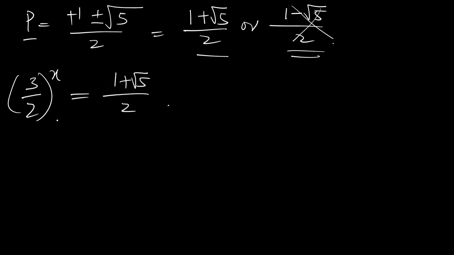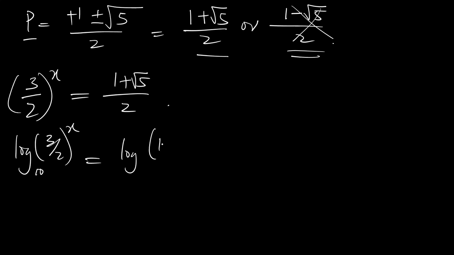divided by 2. Now taking the log of both sides, we use log base 10 on both sides. Now you have log of 3 all over 2 to the power x base 10 is equal to log of 1 plus root 5 divided by 2 base 10.